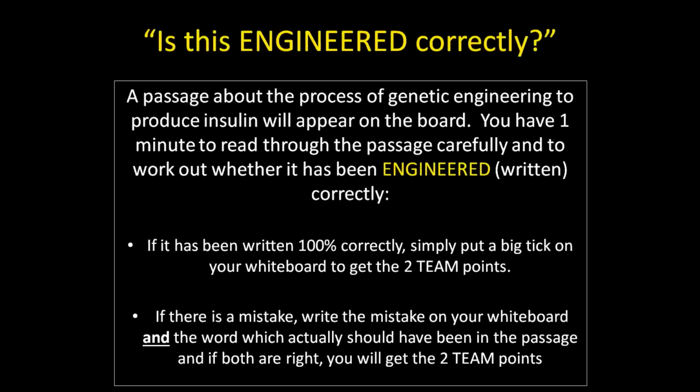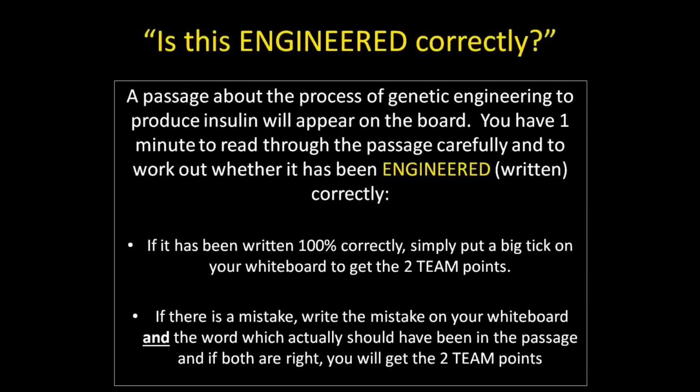You will have 1 minute to read through the passage carefully and to work out whether it has been written correctly. If the statement is incorrect or if you find any word which is wrong in the statement, point that out and replace it with the correct word.